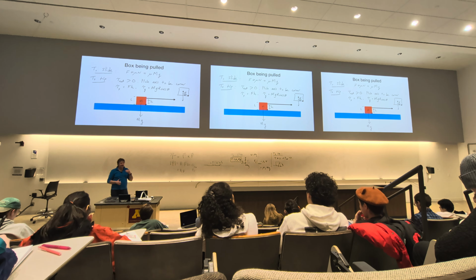So the next thing that we need to do is, what are the possible torques in this game? So there is the torque due to the force F. That one is not super difficult, right? Because here's the pivot on this diagram. So that is a distance h away from the pivot.